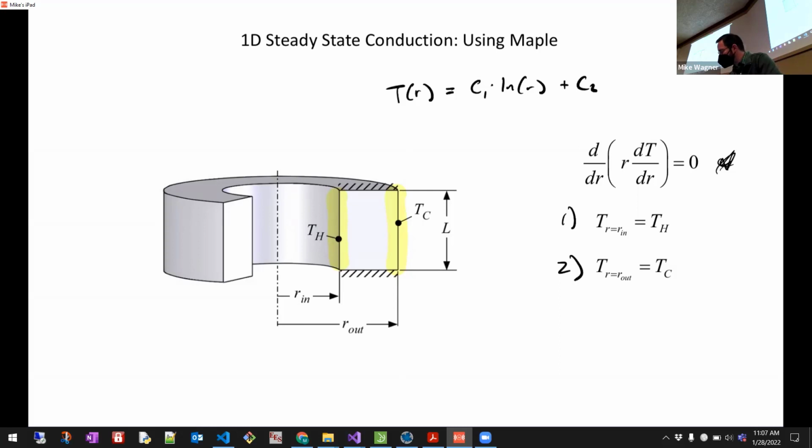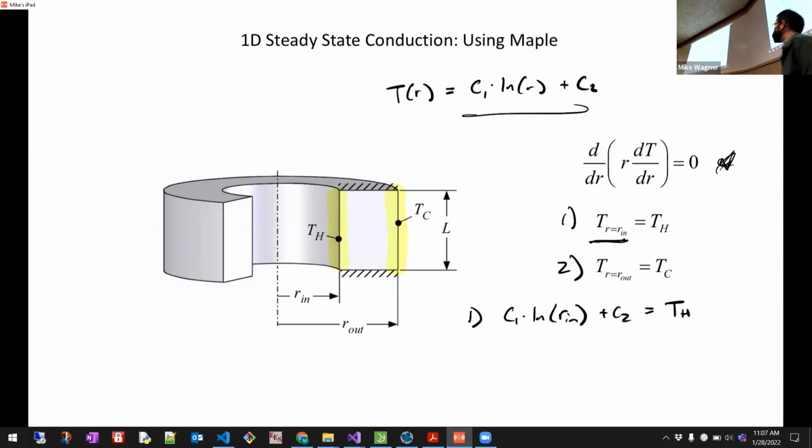Well, all you do is you say, okay, my expression for temperature is given by this equation up here. So for 1, I would just write out my expression evaluated at r equals r_in. So I'd say C1 times ln of r_in, right? We're evaluating at r equals r_in, plus C2 is equal to T_H, right? The temperature at that position.